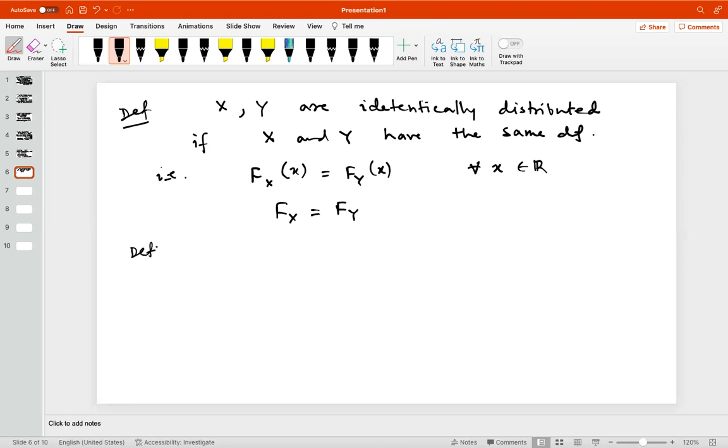Now, one more definition is important for limit theorems in probability.